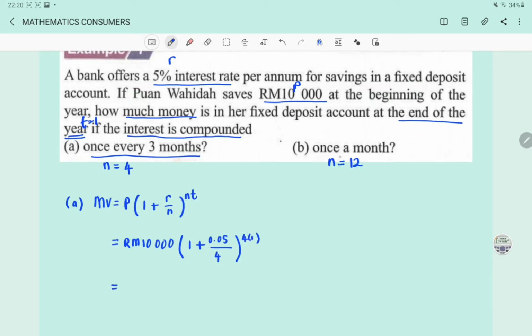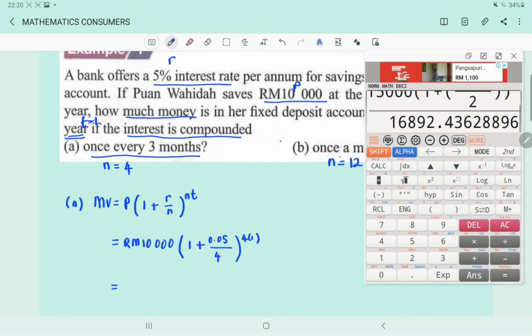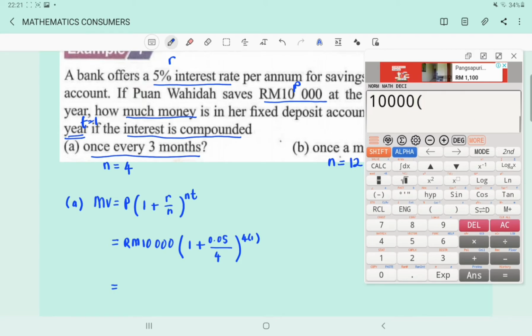And then you calculate. 10,000 in bracket 1 plus 0.05 over 4. Close the bracket, to the power of 4.